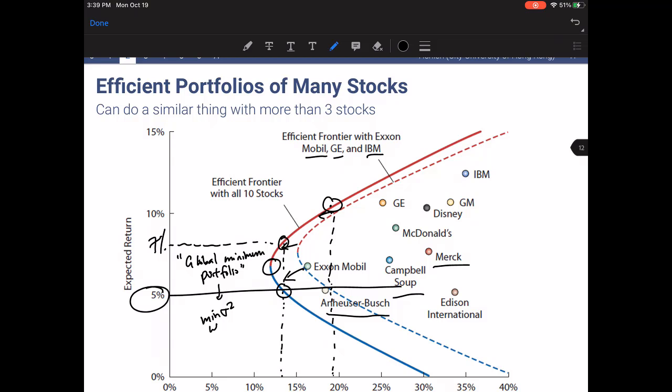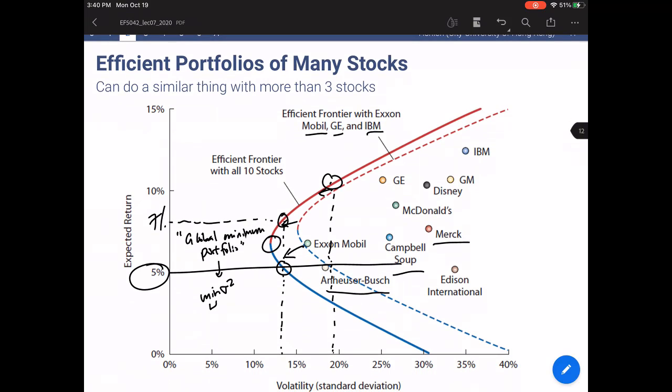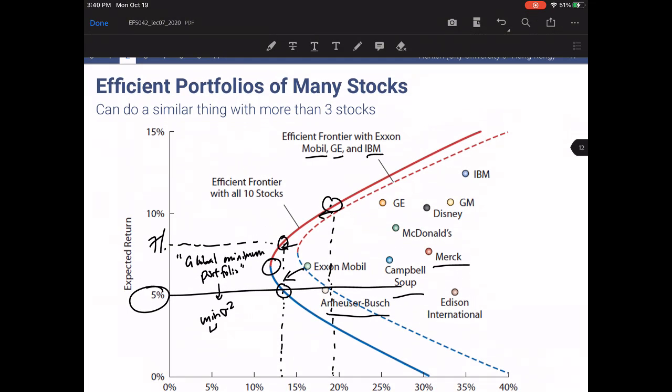It's clear that the frontier that's closer to the y-axis dominates the frontier that's further away. But once we fix our volatility, we can always get better returns if we move to the red line rather than stay on the blue line. So technically, we should only be considering portfolios at this intersection. So the red frontier is all we should really care about.